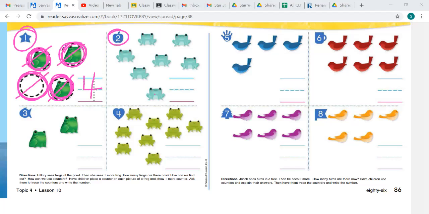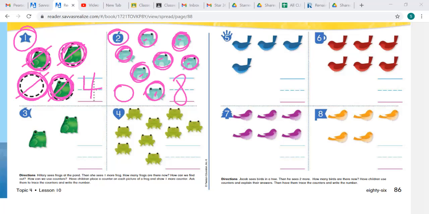Let's count them. 1, 2, 3, 4, 5, 6, 7. So we see 7 frogs. And then we see one more. We're going to use counters. 1, 2, 3, 4, 5, 6, 7. And we see one more. What comes after 7? 8. 8 counters to show 8 frogs.